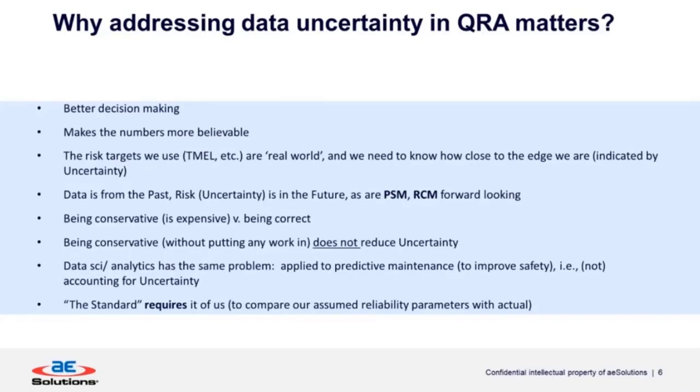Another point here, the next one, data is in the past. Risk uncertainty is in the future. So this is another common theme that we're going to talk about today. It doesn't make sense to ask a question about the probability of an event in the past.